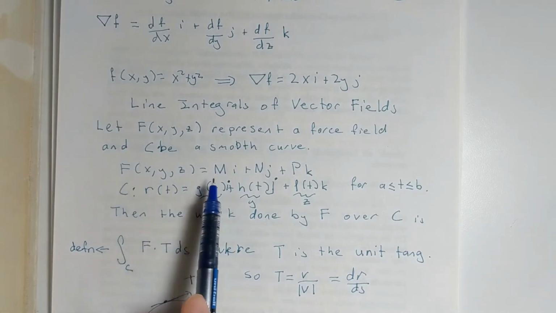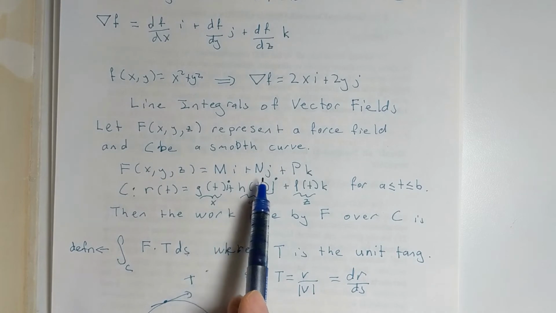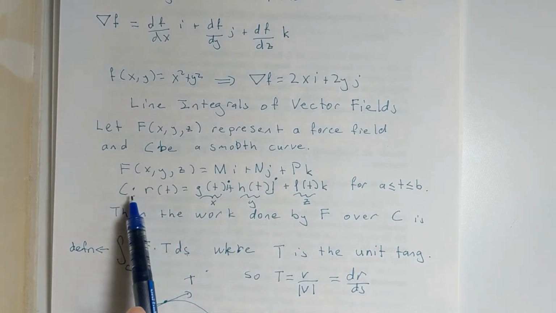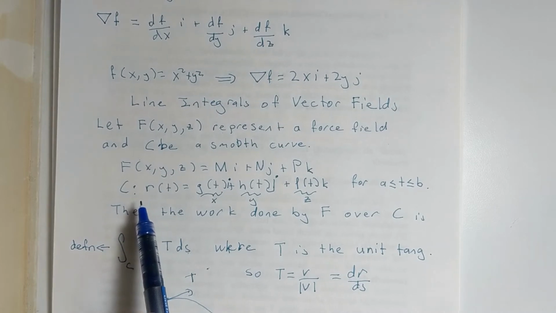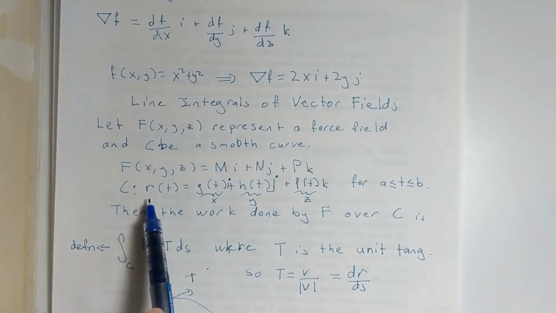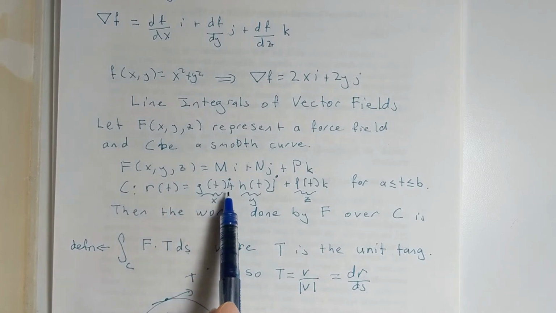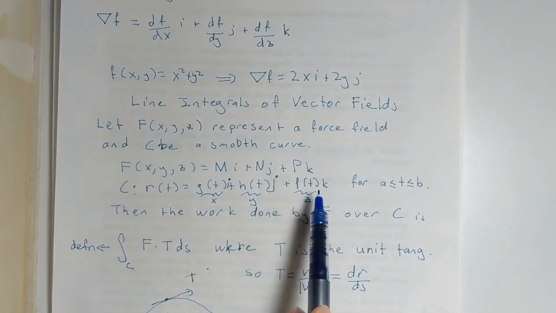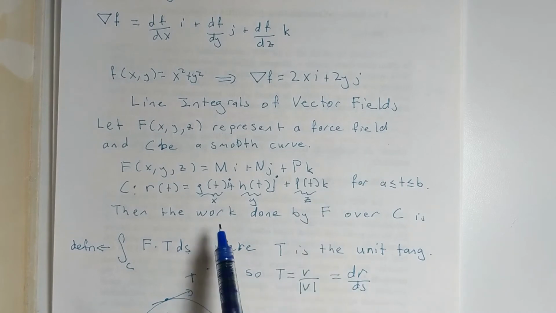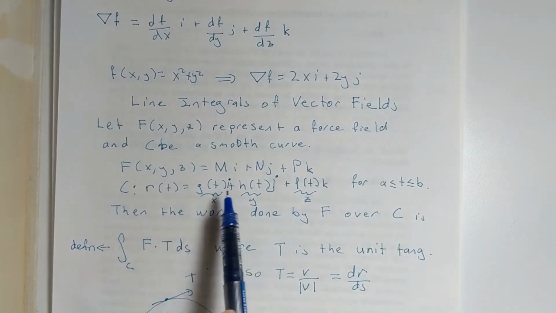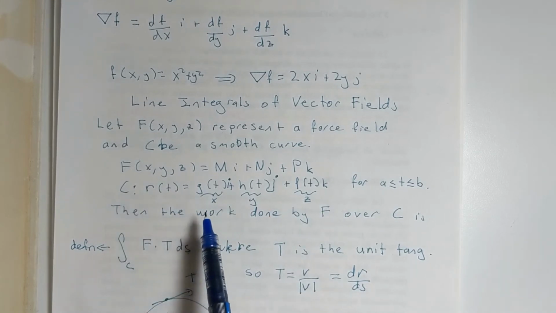If we have the force field M i, again, M is not a constant, it's a function, N is a function, P is a function, M i, N j, P k, and let's say we parameterize the curve C with respect to t, let's say it is g of t i, h of t j, and l of t k, for t between a and b. So we have a parameterization of this curve.